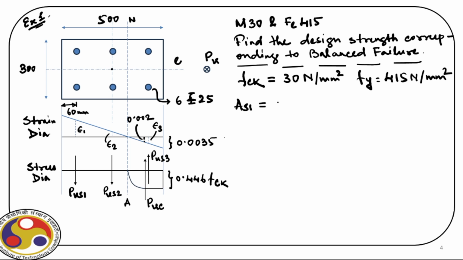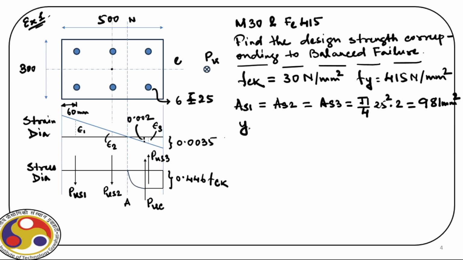AS1 is equal to AS2 is equal to AS3 is pi by 4 into 25 square into 2, that is 981 millimeter square.